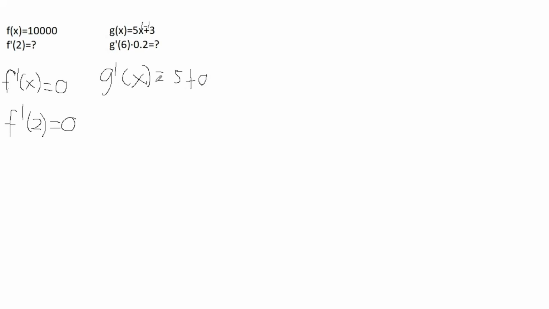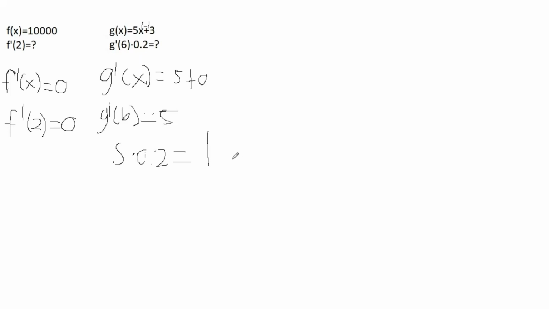So g prime of x, the derivative, is equal to 5. Even if we were to put 6 in this, it would still equal 5. So now we plug it into the actual problem, which is 5 multiplied by 0.2. And if we do some basic arithmetic, this will just be 1.